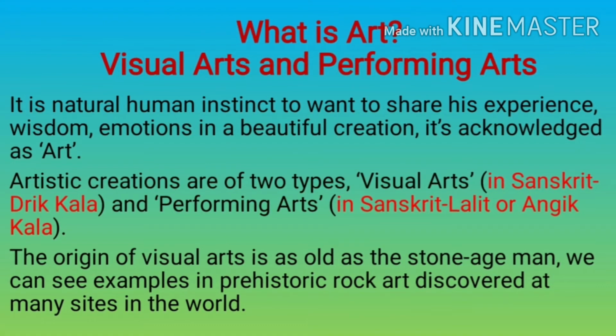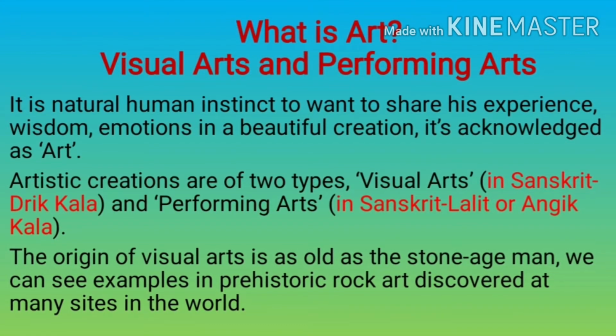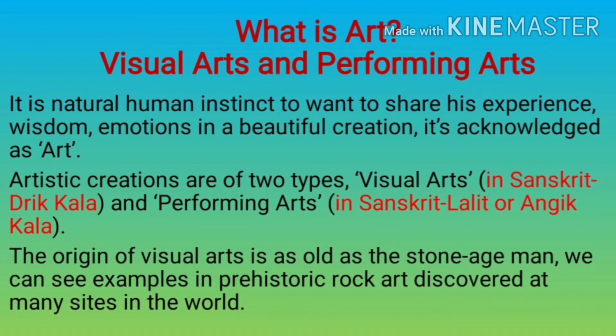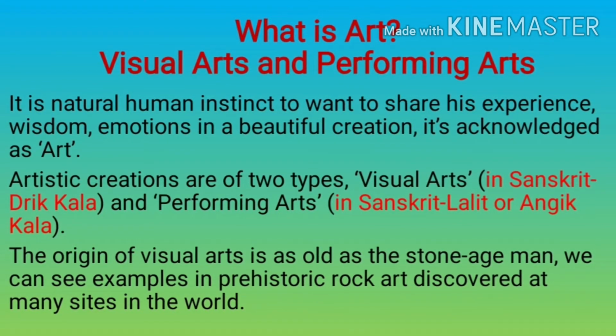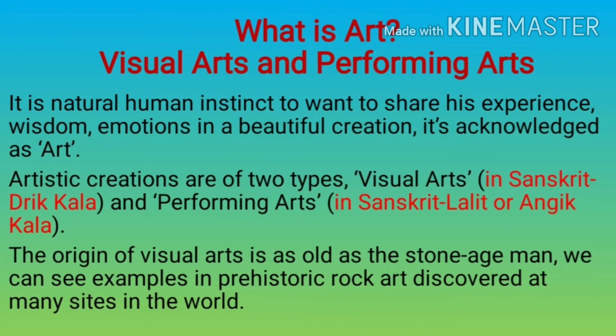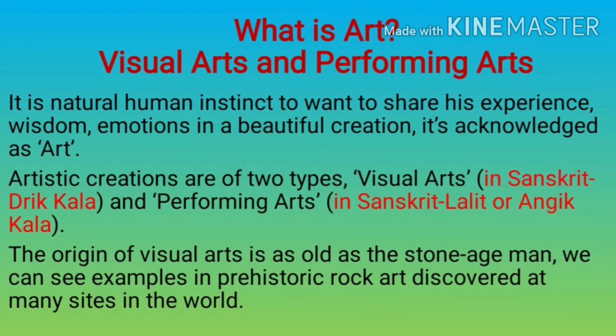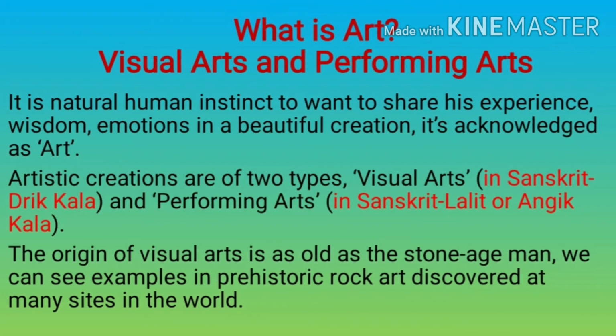We need to learn about the meaning of art. What is art? Art is the natural human instinct to want to share his experience, wisdom, and emotions in a beautiful creation. It's acknowledged as art.